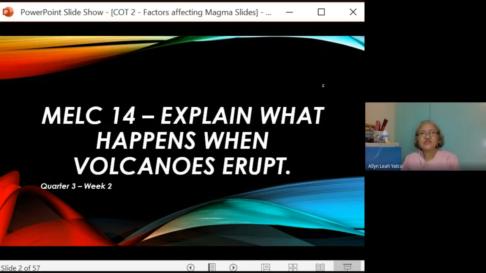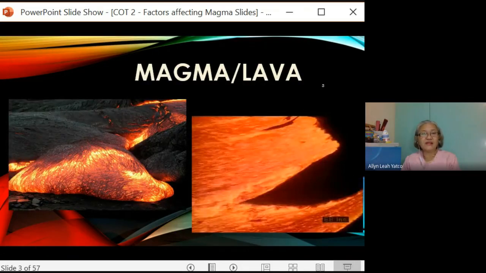The most essential learning competency number 14 is to explain what happens when volcanoes erupt. Part of understanding the process of volcanic eruption is the substance that volcanoes release in this spectacular event, lava or magma.